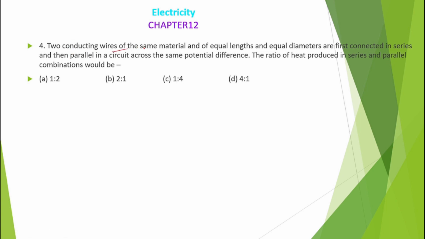Two conducting wires of the same material, equal lengths, equal diameters are first connected in series. That means one series connection is there. And then parallel, one more parallel connection is there, across the same voltage.